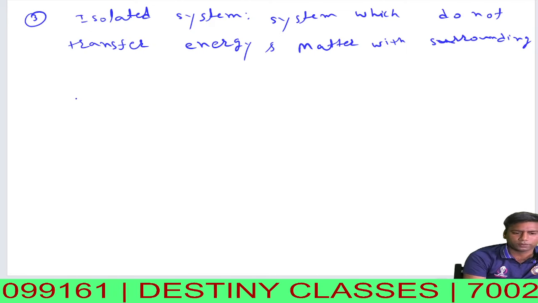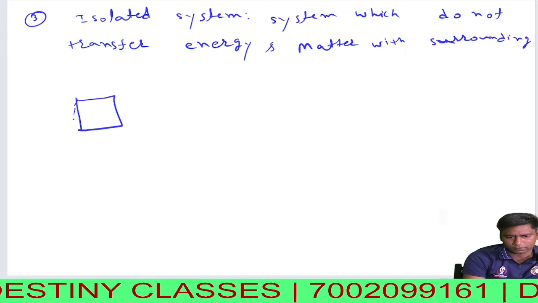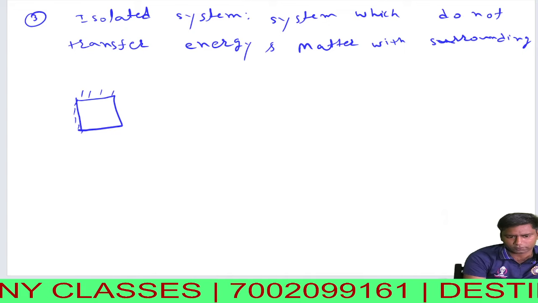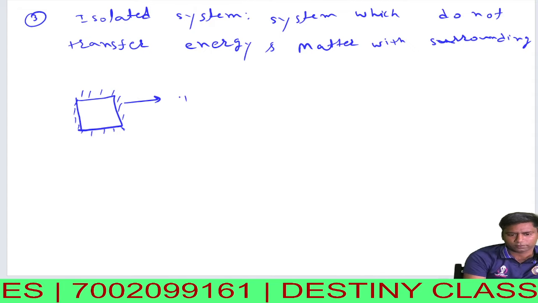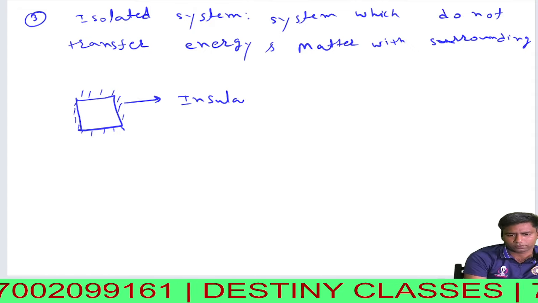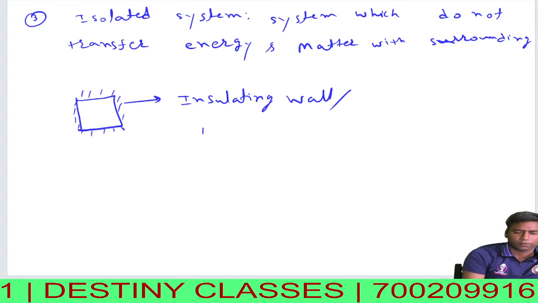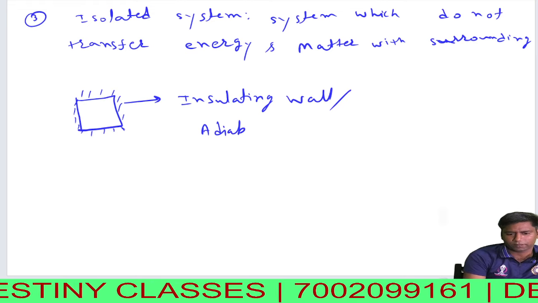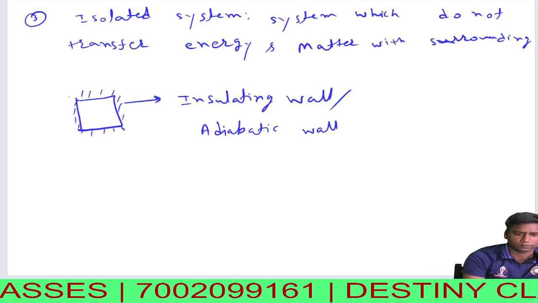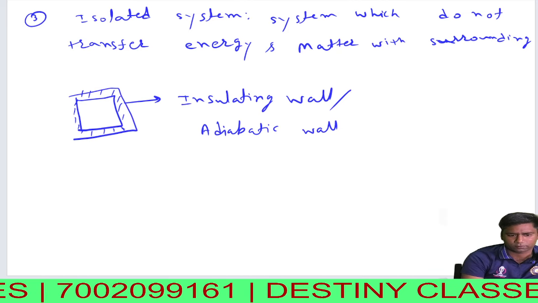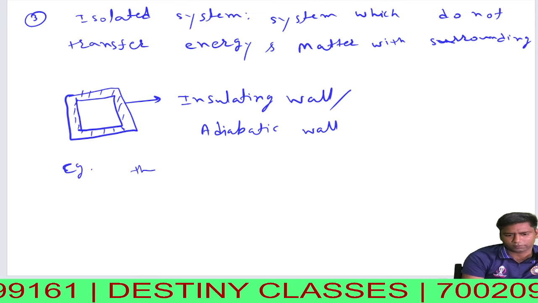Now suppose we have an insulated chamber. This is the insulated chamber, the insulating wall or adiabatic wall. Adiabatic, we do not allow the transfer of heat to the outside, like a thermal flask. Example, thermal flask.